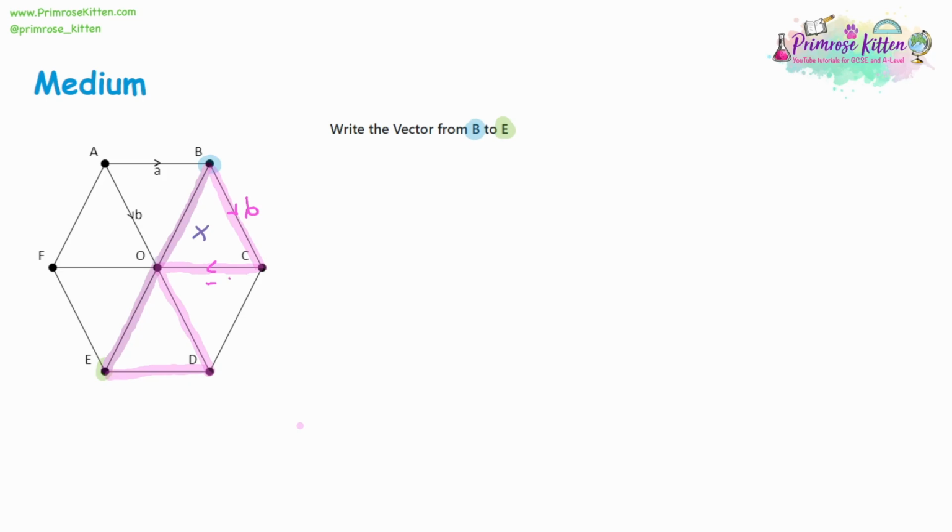C to O is the opposite way down A, it's minus A. O to D is the same as B, and D to E is another minus A. So we can say that vector BE is equal to two B's, and we took away two A's. And that is our final answer.